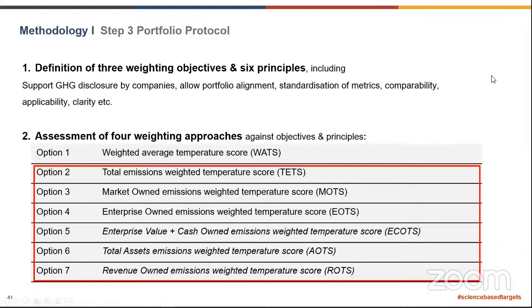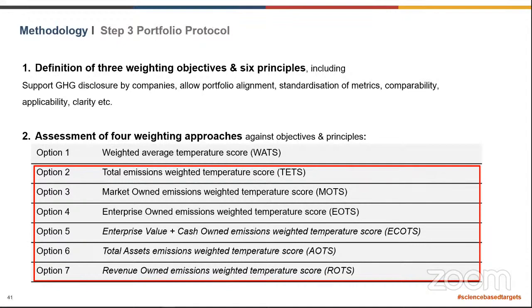And just the final slide for me is on the weighting approaches. As Donald has already mentioned, we currently have 7 different approaches available. We have done an assessment of this on some sample portfolios, and while there are pros and cons to all the different methods, we are certainly preferring right now options 2 to 7, which have some form of greenhouse gas weighting and some sort of financial ownership approach, either based on market cap or enterprise value, total assets or revenue.